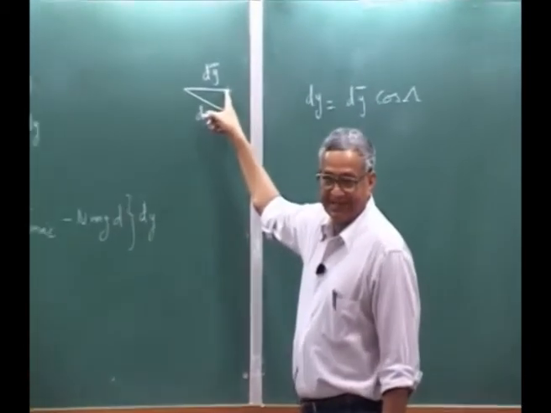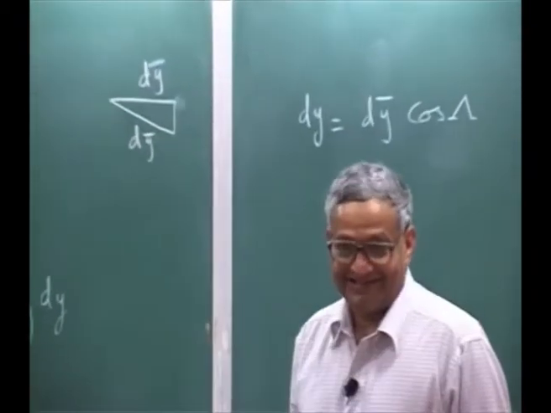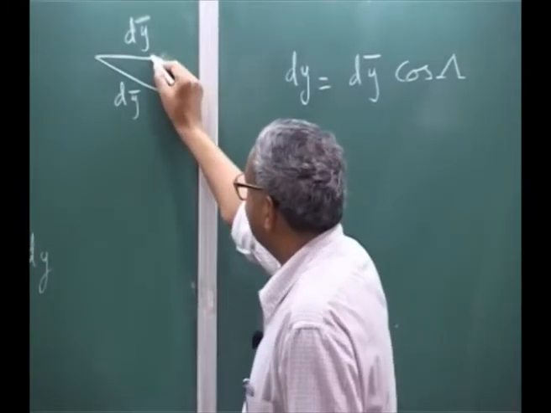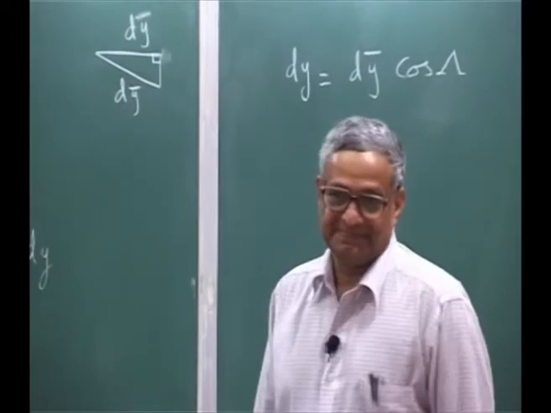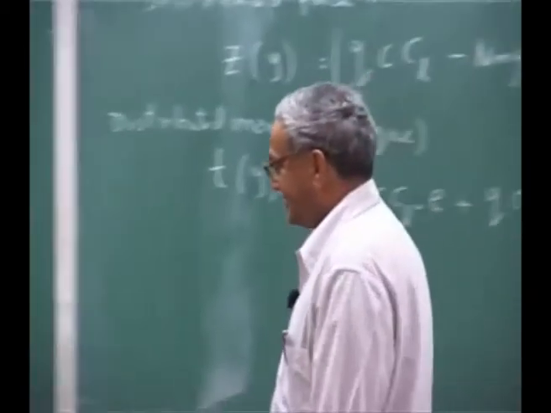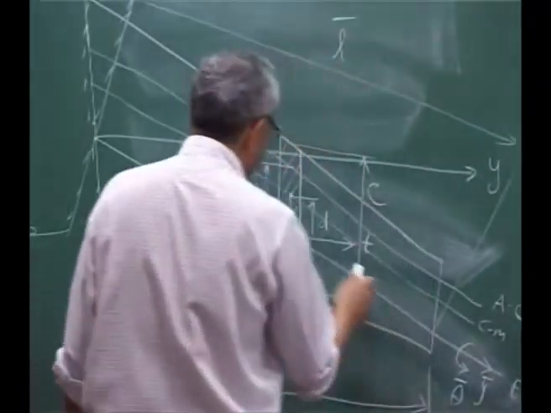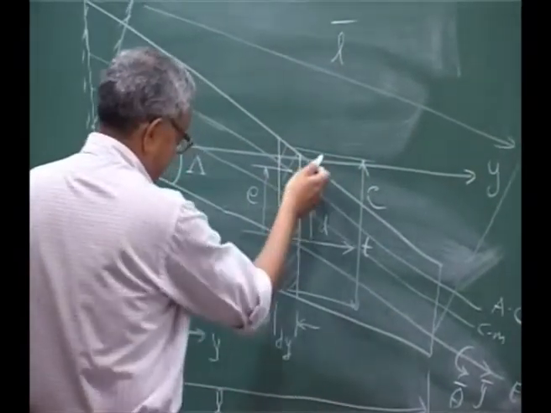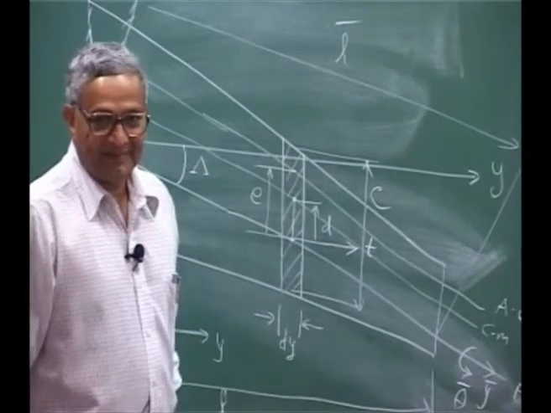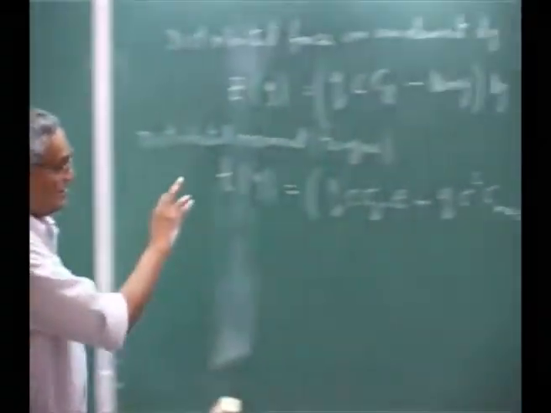Okay? Don't take the other way around. That's what I am saying. The reason is this angle is 90. You follow? That is, along this I am taking this strip. So this is what I have taken.